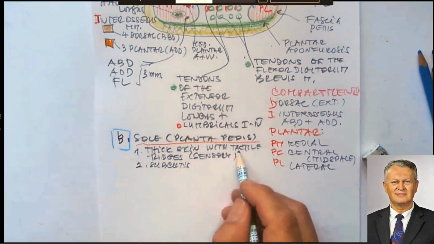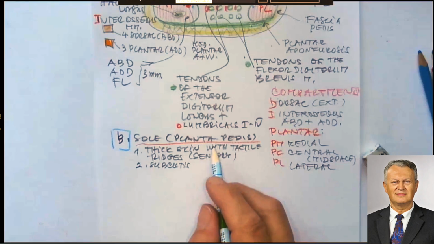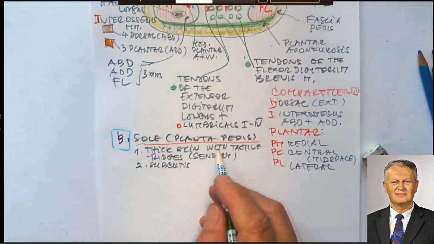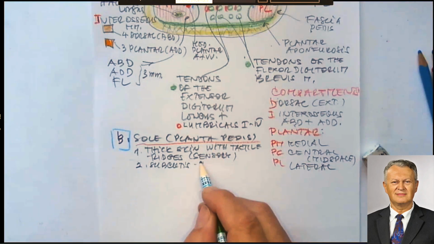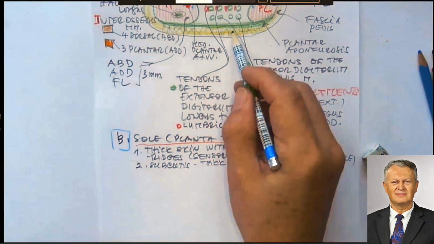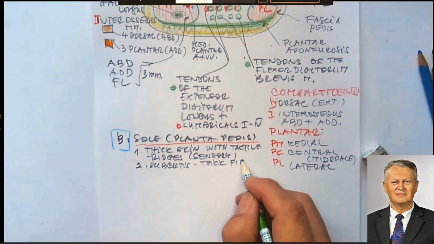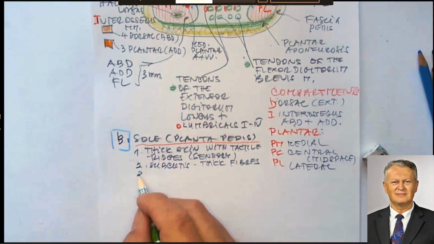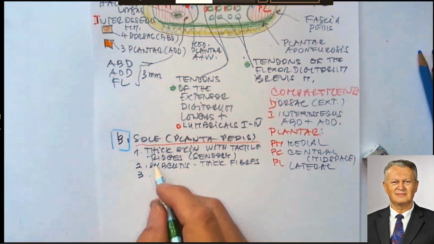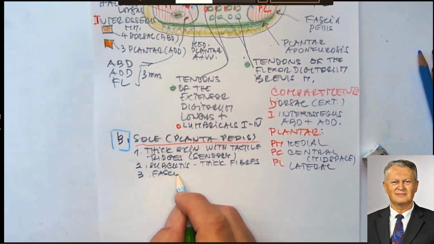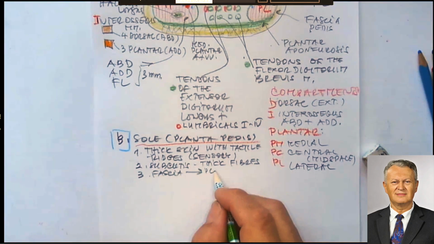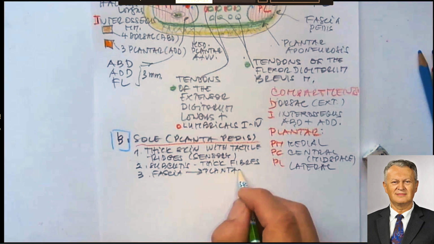We said that this contains this thick layer with these bundles, fibrous with fibers. Then number 3 is the fascia plus plantar aponeurosis.